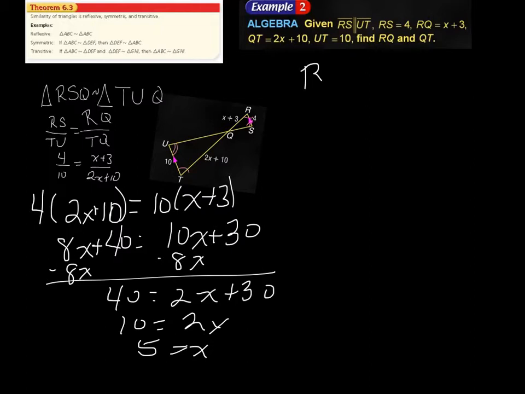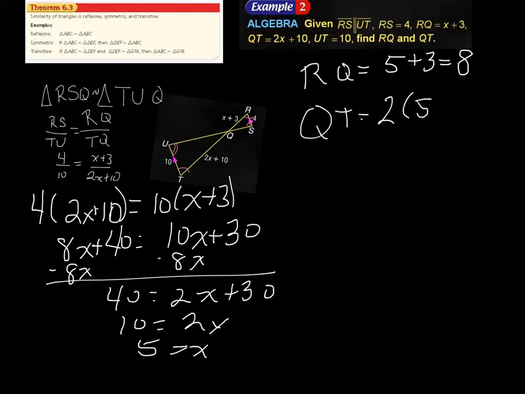So RQ is x plus 3, so 5 plus 3 is 8. And QT is 2x plus 10, so 2 times 5 plus 10. 10 plus 10 is 20.